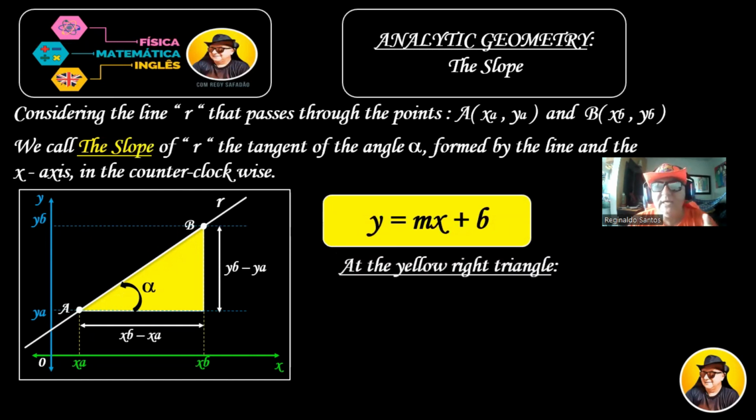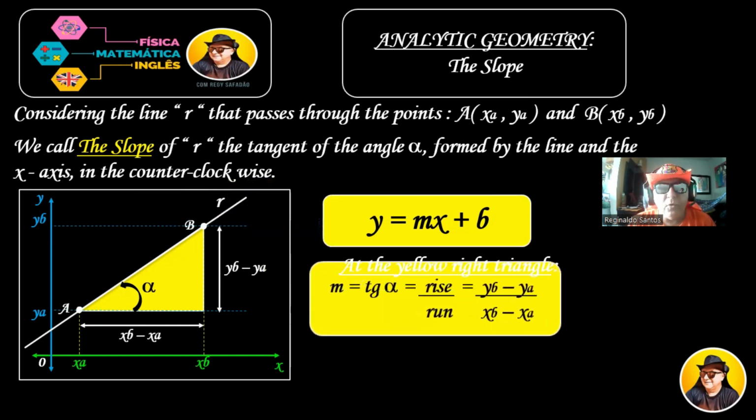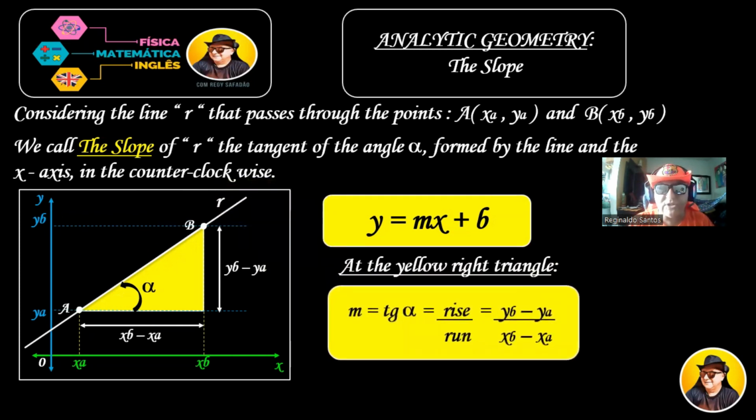In the yellow right triangle, m is equal to the tangent of alpha, that is rise over run, that is y of B minus y of A over x of B minus x of A. We can get these formulas from the yellow right triangle. So this is the formula of the slope, m. All right, so let's go on.